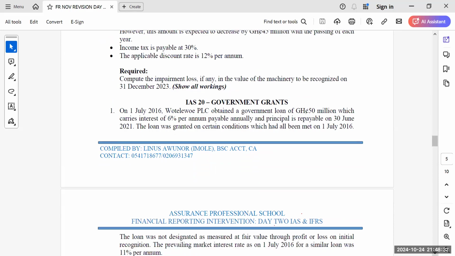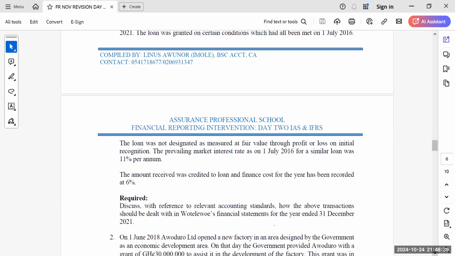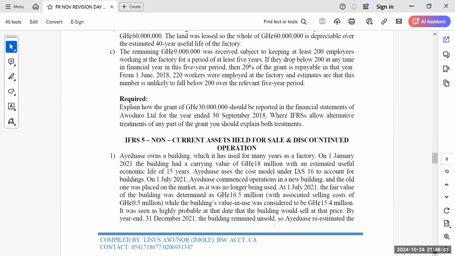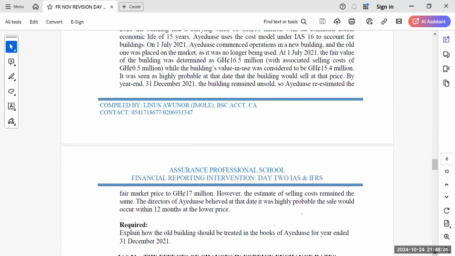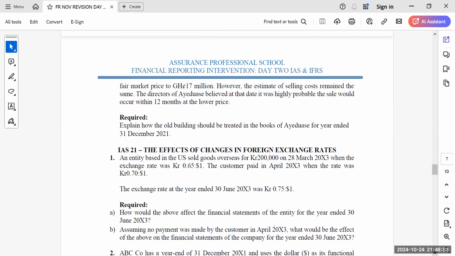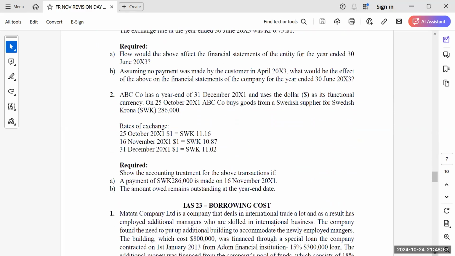So, 37, I'm sure it's only 37. 38 is here. Investment property, non-current asset for sale is here. PPE is here. Income tax is here. IAS 8 is also not here. Yes, IAS 8 is not here.